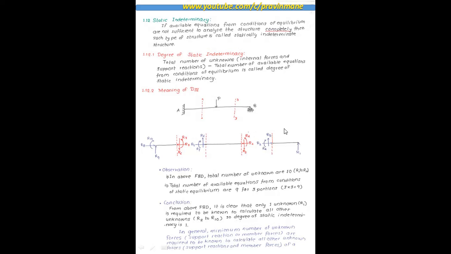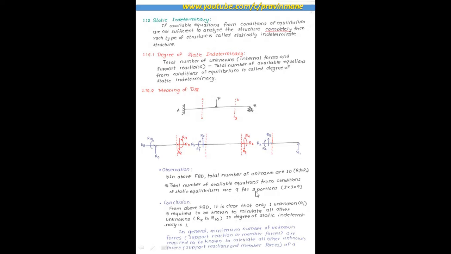Then observation in the above FBD: the total number of unknowns is 10. If you do this analysis, the total number of unknowns is 10, R1 to R10. Everything I have shown here. This is the main example given, the free body diagram I have drawn. Then the total number of available static equilibrium equations is 9, for 3 portions, 3 into 3.